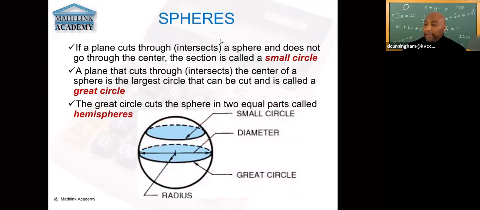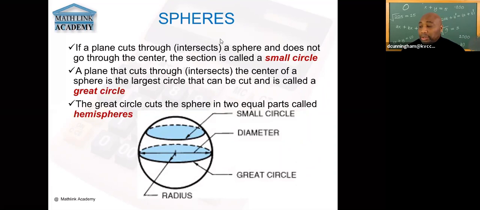Now, if a plane cuts through or intersects through the center of the sphere, then it's the great circle, and it's the greatest circle. There's no other circle that's greater if it cuts through the center. So notice a sphere is really circles going up and down from different hemispheres.